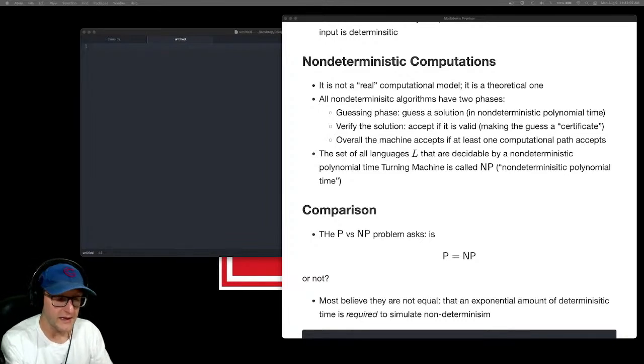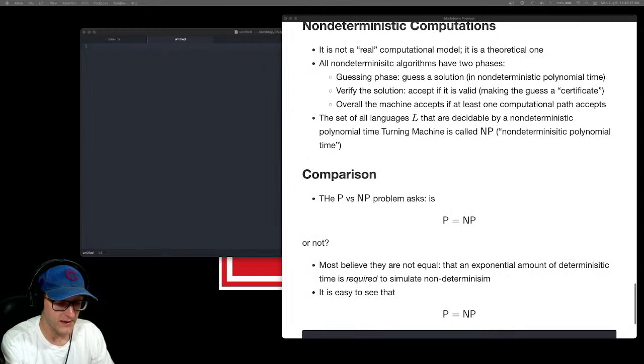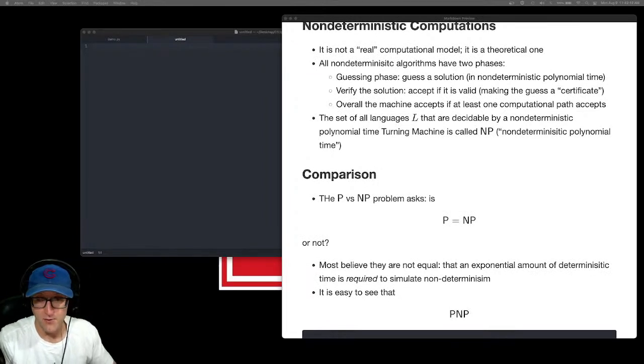It's really easy to see that one is contained in the other. It is easy to see that, and I'll go ahead and cut and paste this here. It's not equal, but it is a subset that may be equal. We just don't know. There we go.